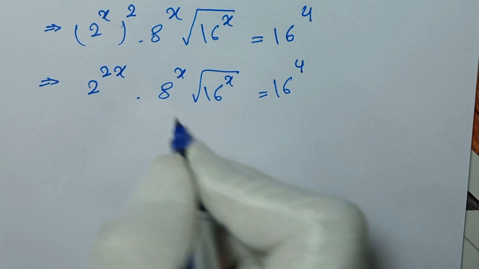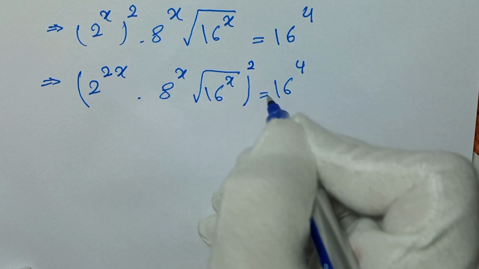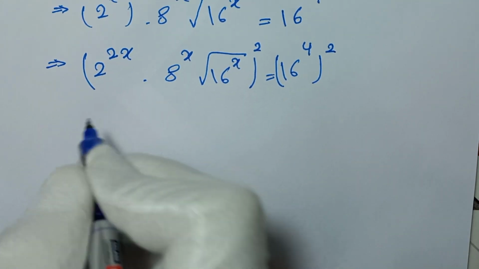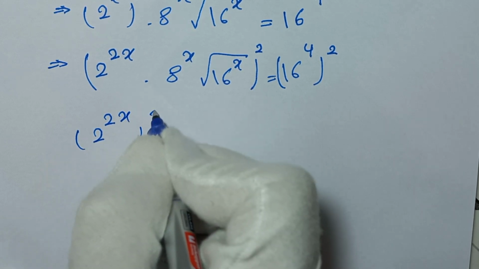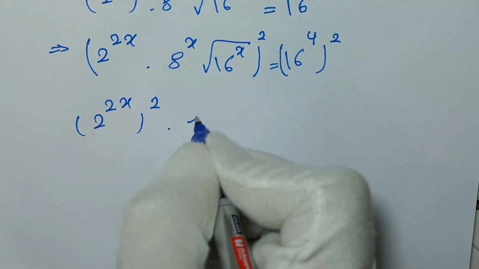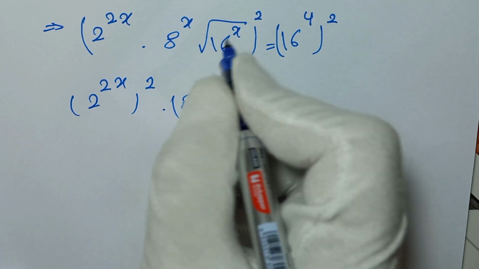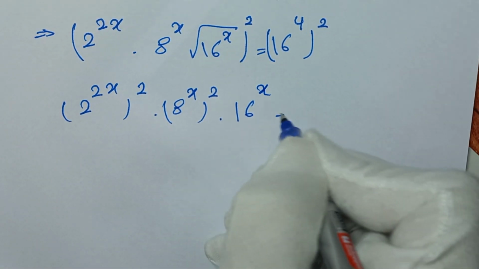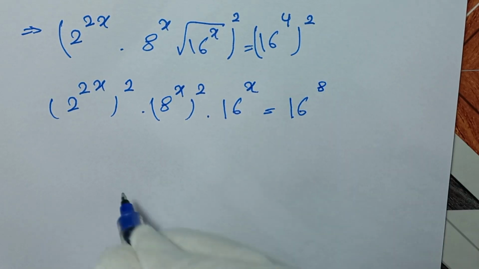And next step, again, we raise both sides of this equation to power of 2. And it will be 2 to power of 2x to power of 2, right? And times this to power of 2, it will be 8 to power of x to power of 2. And times this to power of 2, this square root will cancel, and it will be 16 to power of x is equal to 16 to power of 4 times 2, it will be 8.